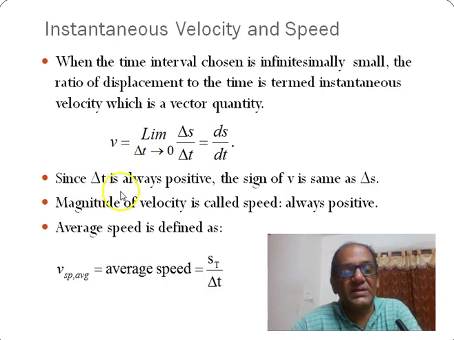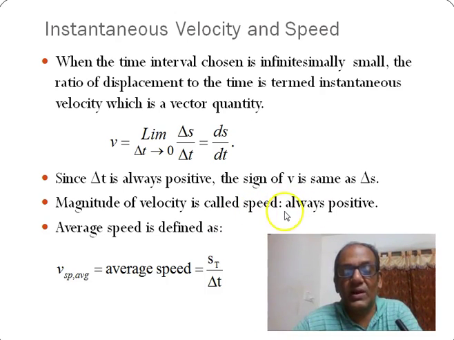Again, we note that since delta t is always positive, we can only go forward in time. The direction and sign of v is the same as the sign of delta s. And when we take magnitude of this, whether v is minus 2 meters per second or whether v is 2 meters per second, the 2 meters per second is what we call speed. That is the magnitude of the velocity.